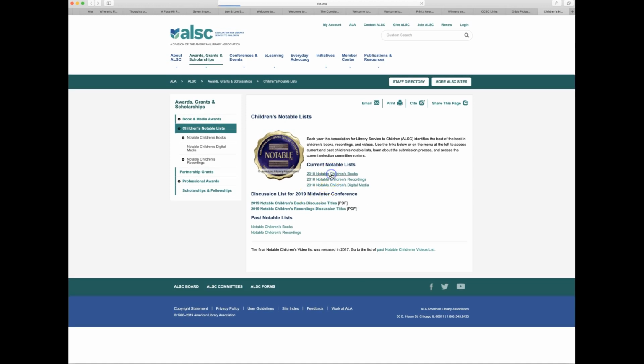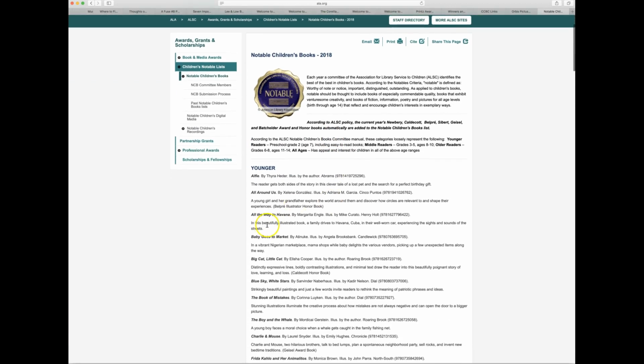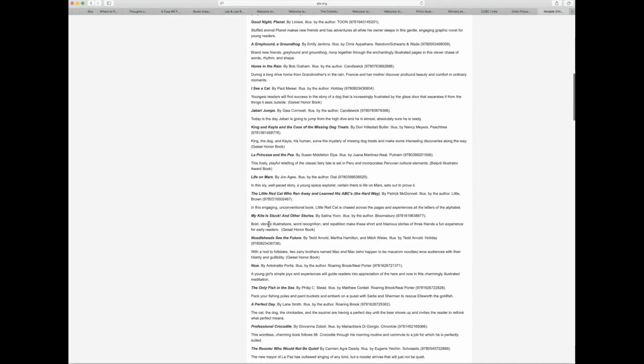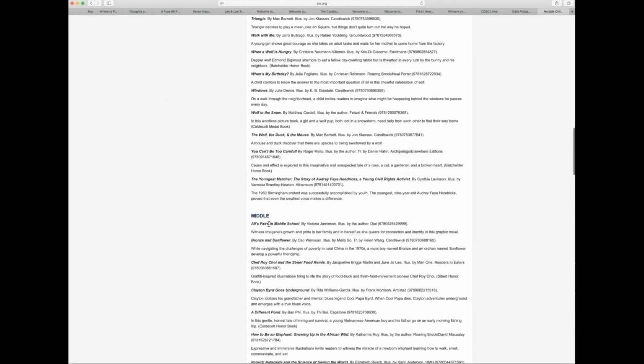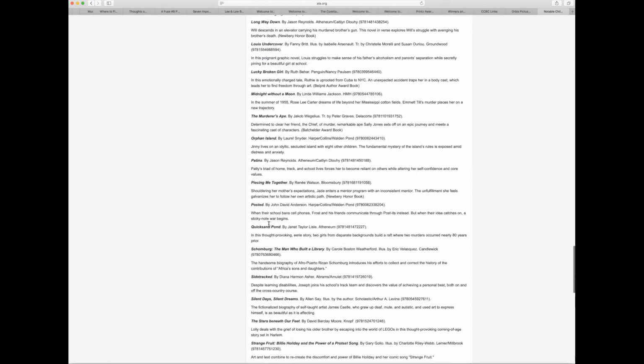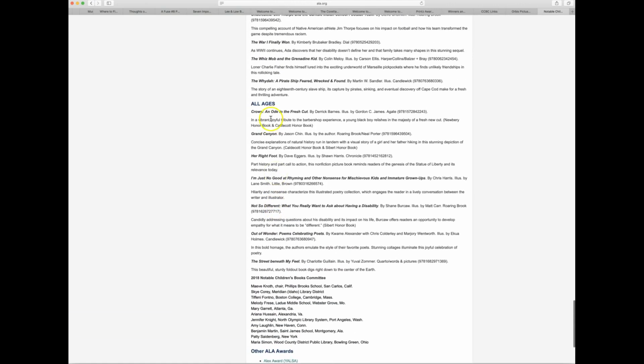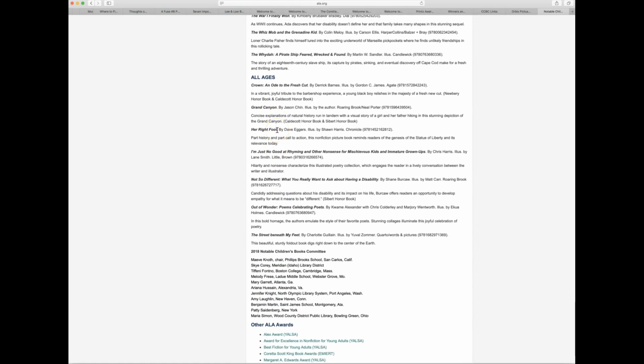You can look at last year's books, and their list includes a short annotation, so you can get an idea of what they're about. And they break them down by the ages. Older means up to about 14. All ages just means that it appeals to K through 14.